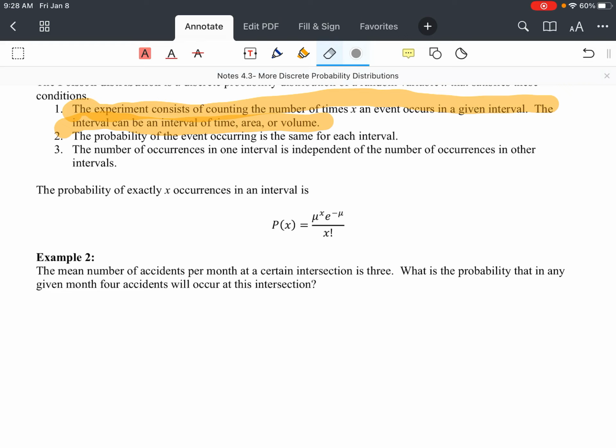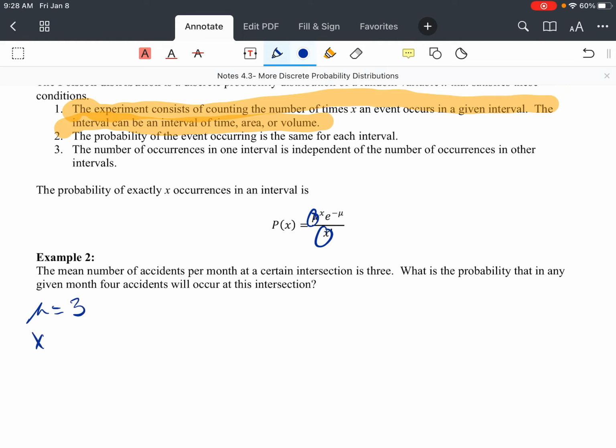The mean number of accidents per month at a certain intersection is 3. What is the probability that in any given month 4 accidents will occur? Again, we only need two things here. We need to know what mu is, and we need to know what x is.